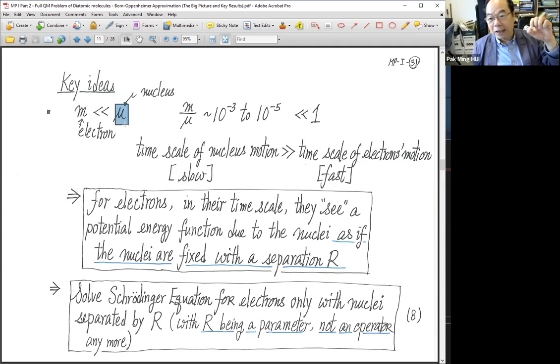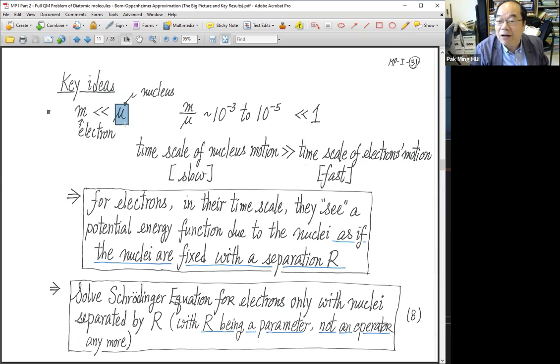Thereby, the electron part of the problem has an energy scale or time scale that is very different from the nuclear motion. So in a pictorial way, the nuclear motion is slow motion, and the electron motion is fast motion.